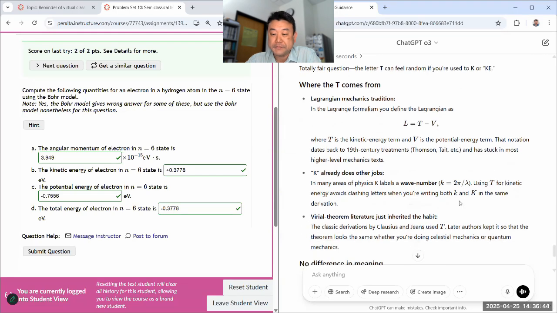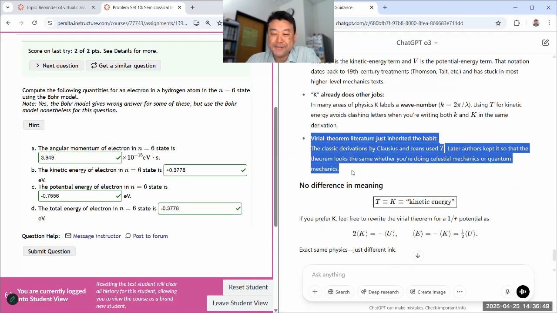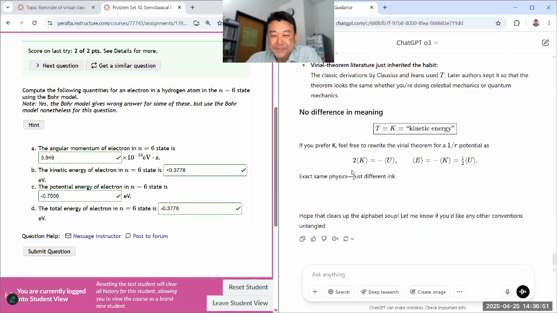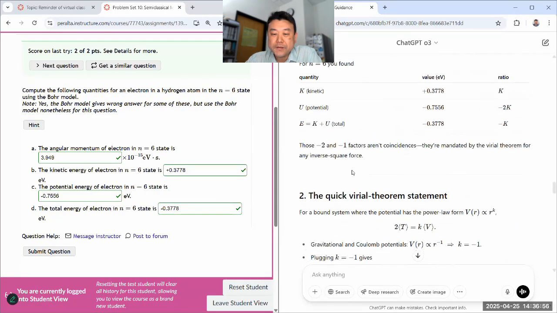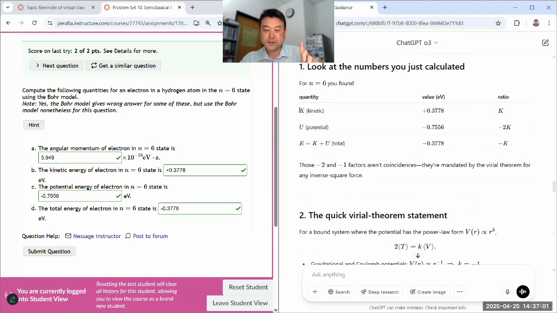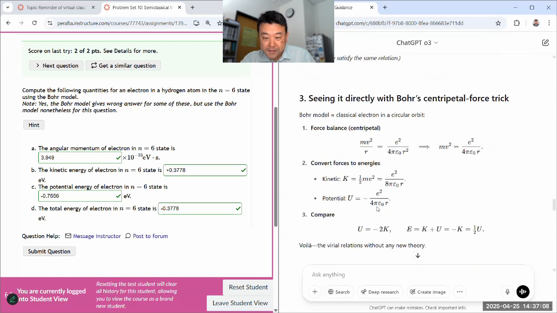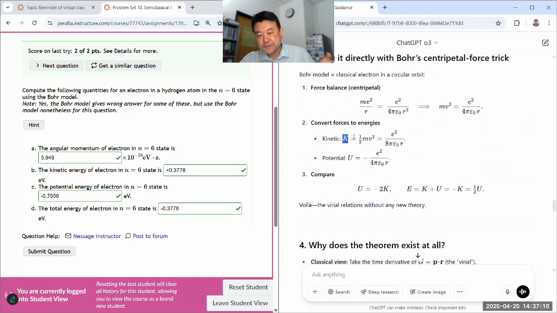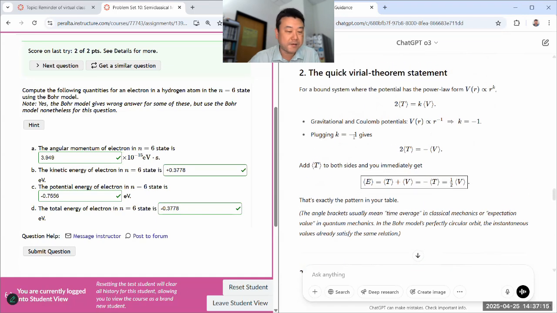Maybe, just an inherited habit. Sure, why not? So let me go back and keep reading. The thing that's confusing here is ChatGPT is mixing up, within its own text, kinetic for K, then shifts to T, and then goes back to K. Sometimes you have to keep up with the author shifting notations.